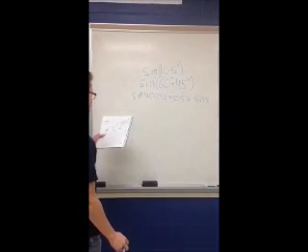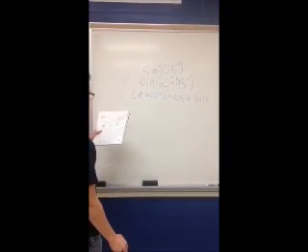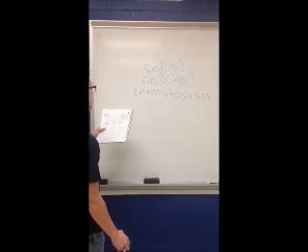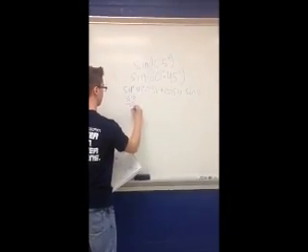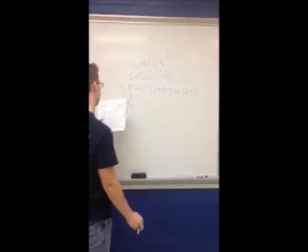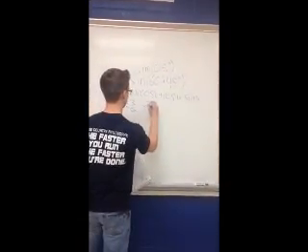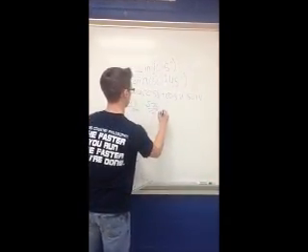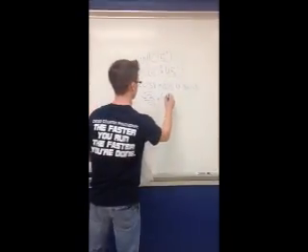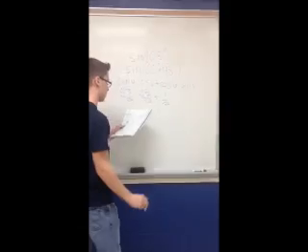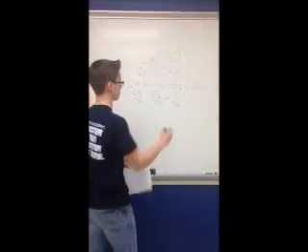And then with your 30, 60, 90 triangles, the sine of 60 is square root of 3 over 2. The cosine of 45 is square root of 2 over 2. Plus cosine of 60 is 1/2. And the sine of 45 is square root of 2 over 2.